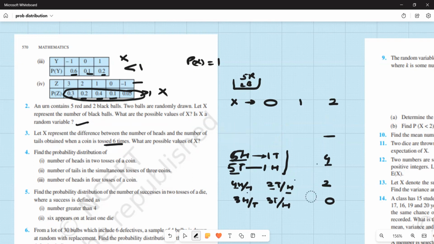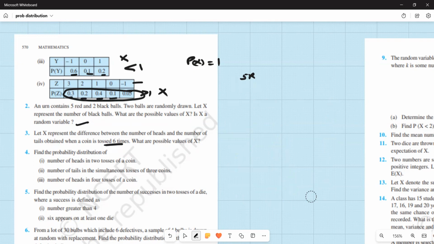Then next question. Find the probability distribution of the number of heads in two tosses of a coin. So X is the number of heads. So that will be 0, 1 or 2, because two tosses of a coin are there. Then Px, the probability: if there is no head, then both are tails, so 1 by 2 into 1 by 2.